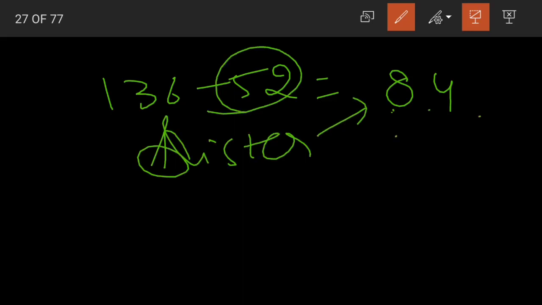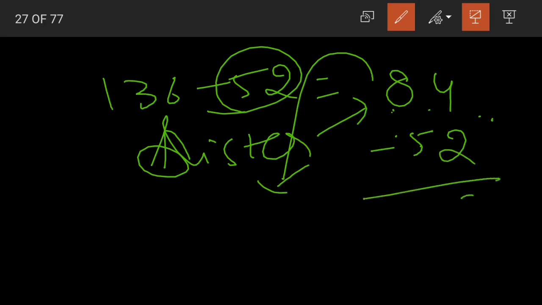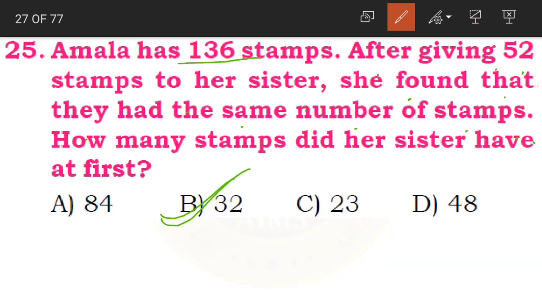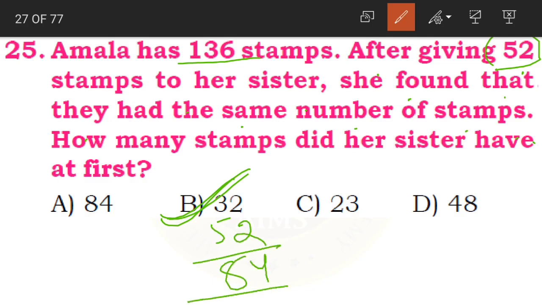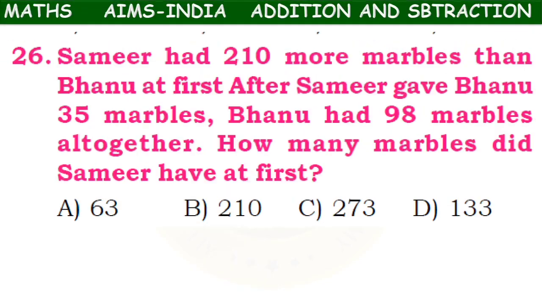Because 52 were added. Now, how to find out how many did she have before receiving 52? Simple. We need to subtract 52. 4 minus 2, 2, 8 minus 5, 3. So her sister had 32 stamps before, but after receiving 52 the total number of stamps became 84. Clear? Moving on to question number 26.